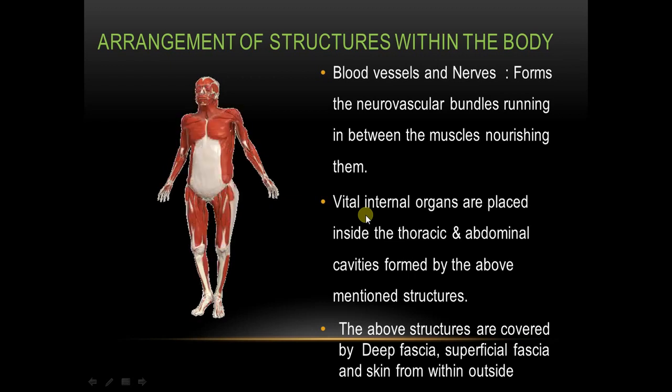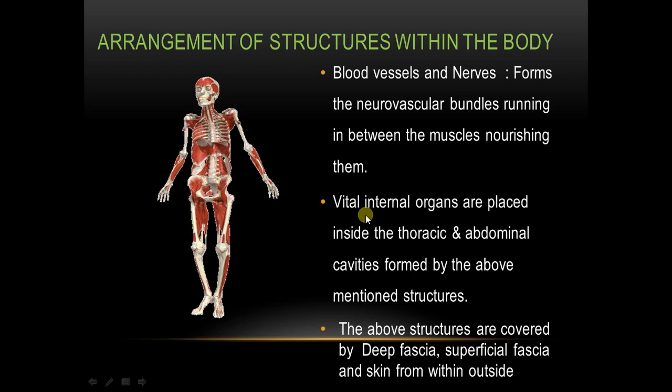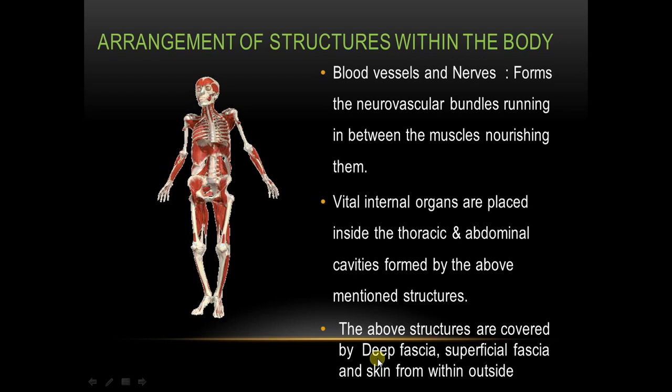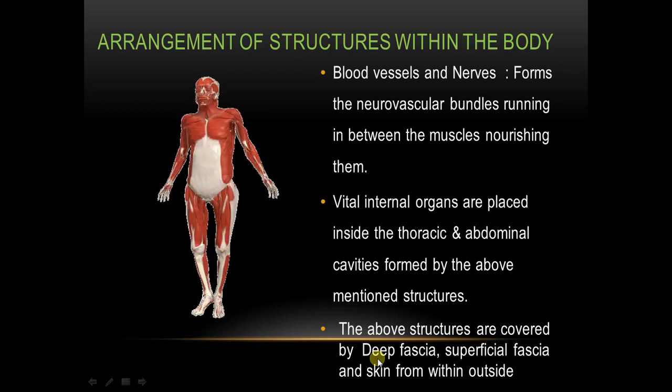These bones, muscles, neurovascular structures and all these organs are covered by what we call the deep fascia, and on top of the deep fascia we have the superficial fascia, and above the superficial fascia it is covered by the skin. So right from the skin to the bone, these structures we will encounter in the dissection or when we read anatomy.